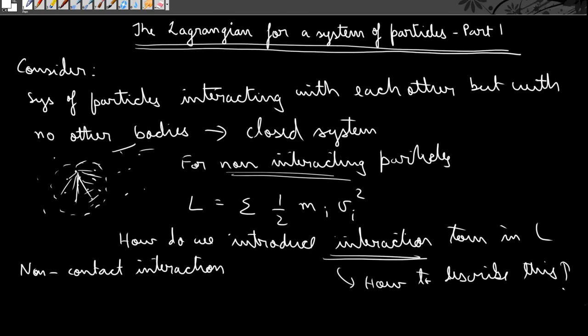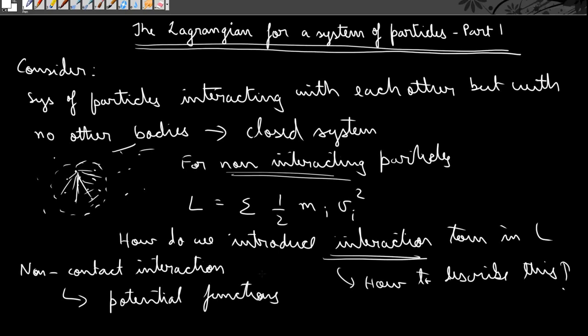So these interactions are usually described by the notion of fields. And these fields in turn are described using something known as the potential functions, right? So what are these potential functions?